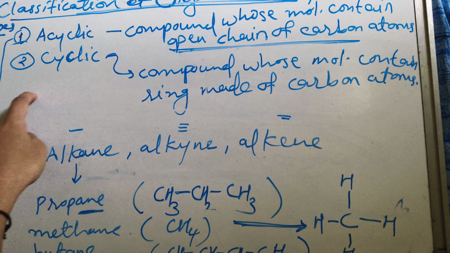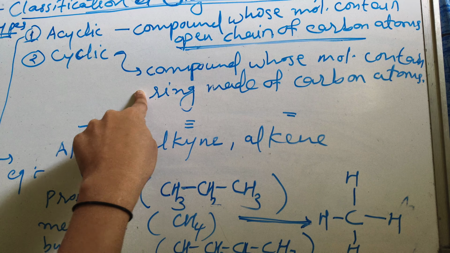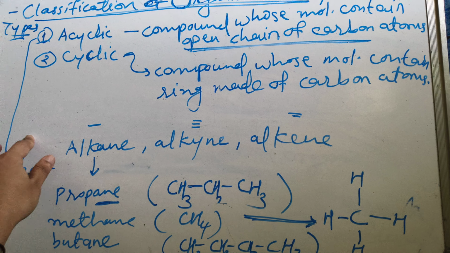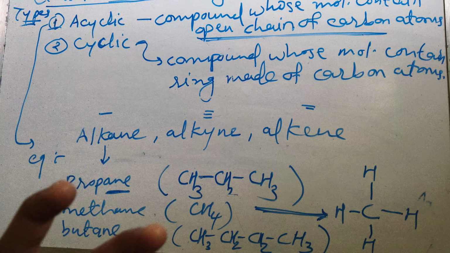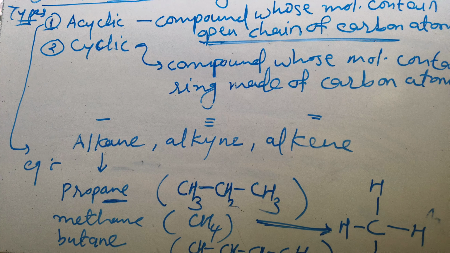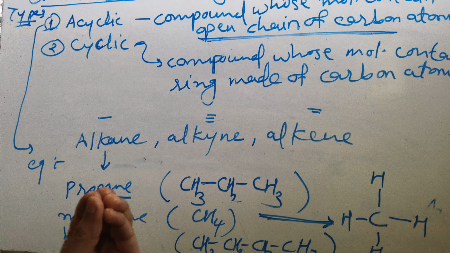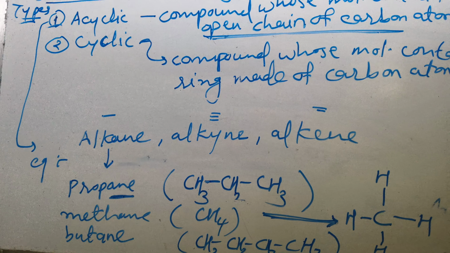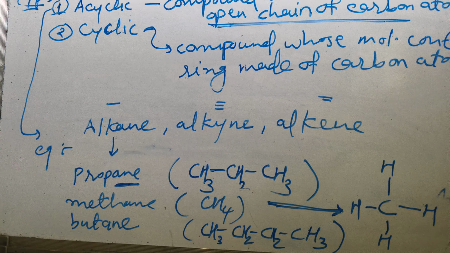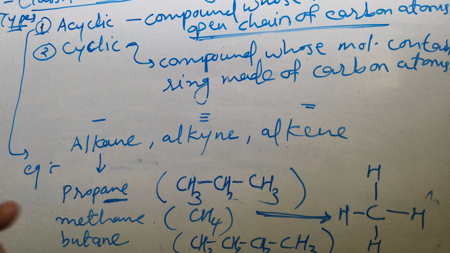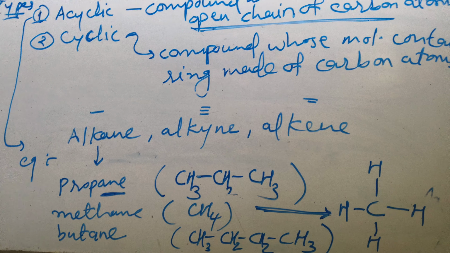In carbocyclic, we have alicyclic and aromatic. Heterocyclic compounds contain carbon as well as other atoms like oxygen, nitrogen, and sulfur. Such structures are called heterocyclic compounds.